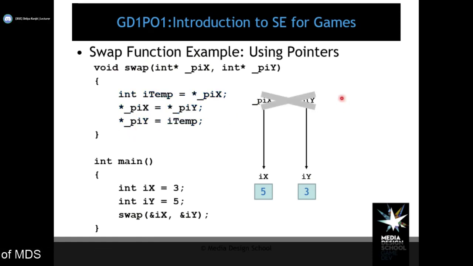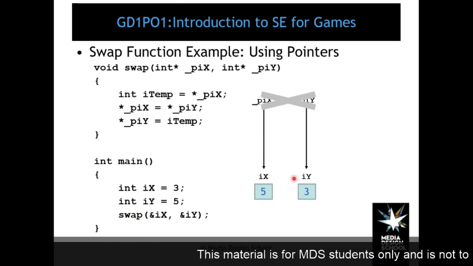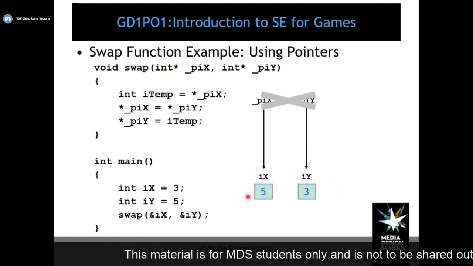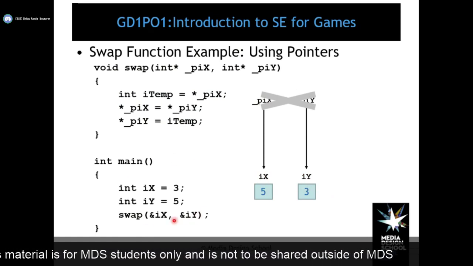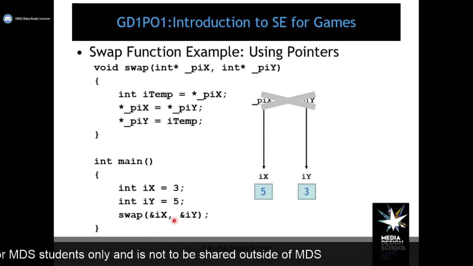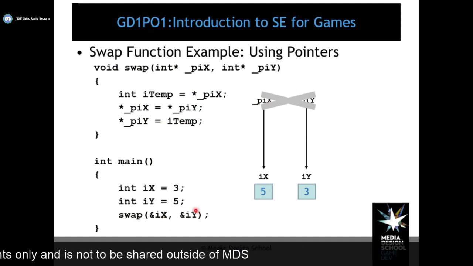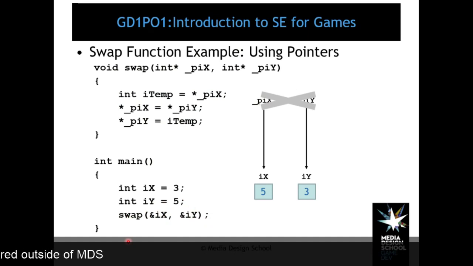The pix and piy get destroyed because the scope was only within this function, but these values remain unchanged. All right. So the interchanged values 5 and 3 do reflect in the main function too. And there you have your swap function successfully implemented and retrieved.